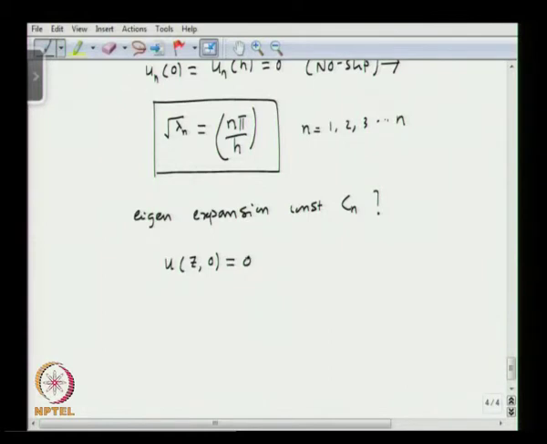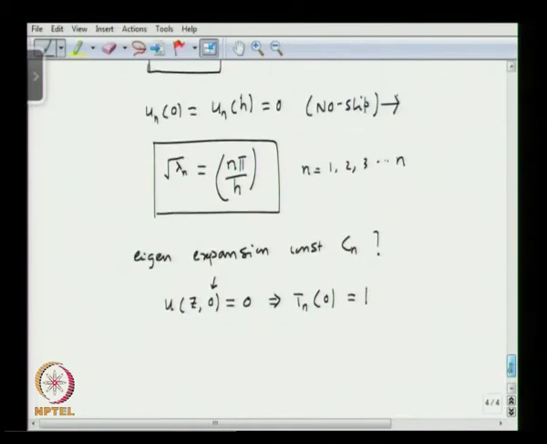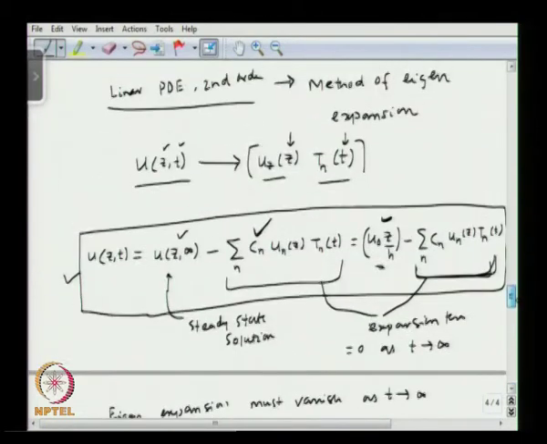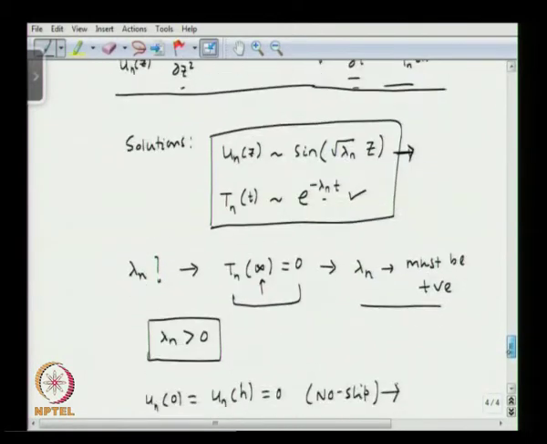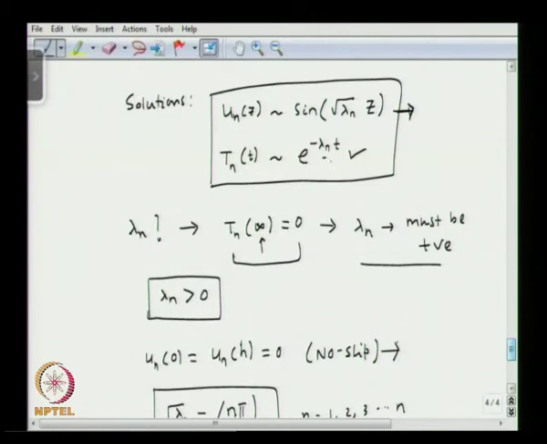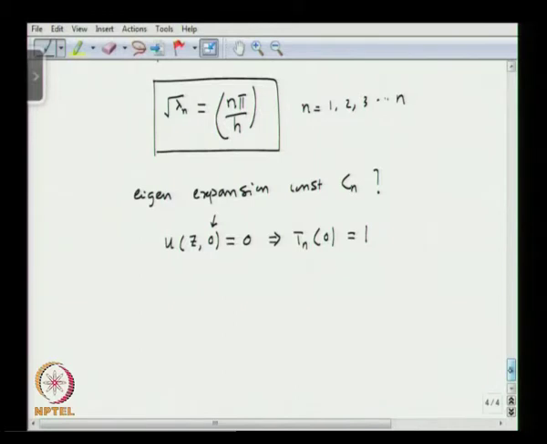When time equal to 0, this is 0. So, Tn(0) will be 1. Why will Tn(0) be 1? Because when t equal to 0, this term is going to be 1.